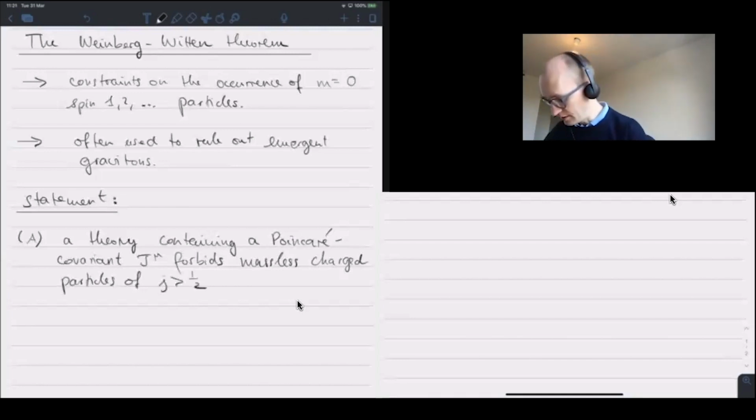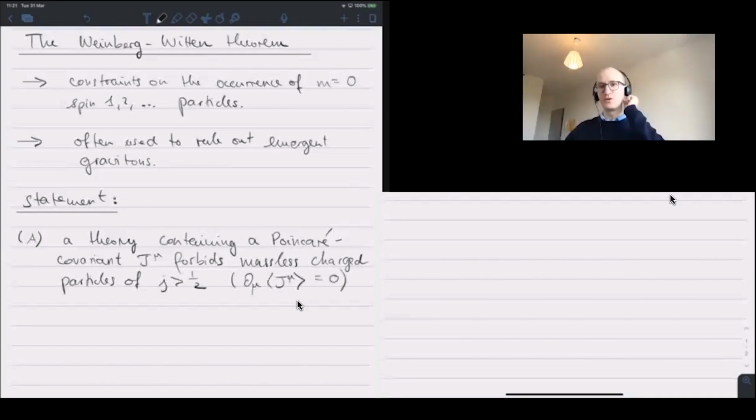And of course, we mean that the current should also be covariant and conserved, excuse me. So the expectation value of the current, d mu J mu, is equal to 0.